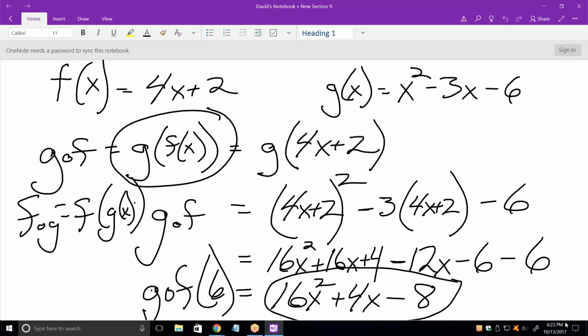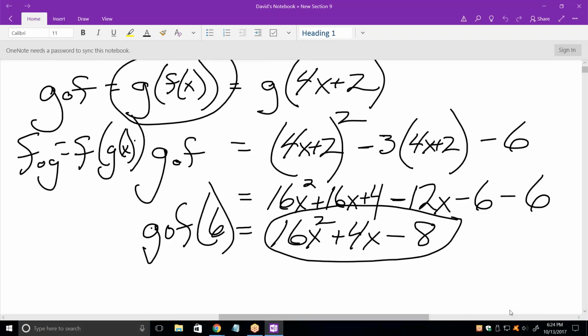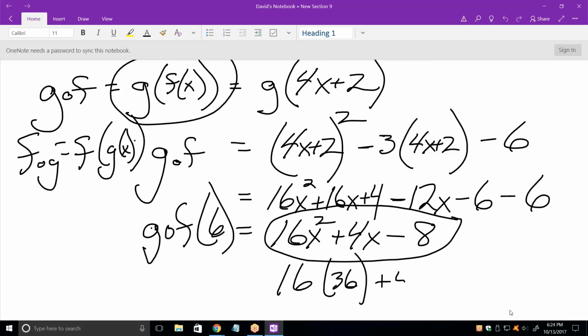So we get 16 parentheses 6 squared plus 4 parentheses 6 minus 8. So 16 squared, I can't do that in my head. Let me use my calculator real quick. You shouldn't do it in your head. You should always have a calculator in front of you when we do a session. Yeah, okay.